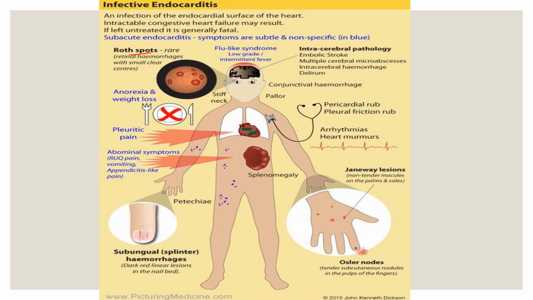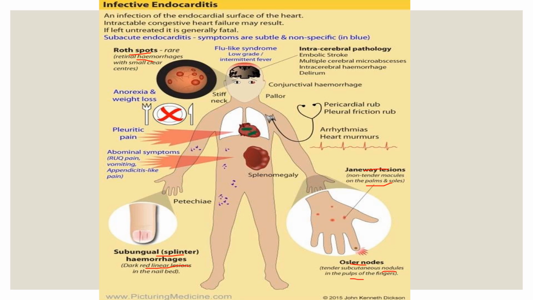Roth spot is a retinal hemorrhage with small clear centers. Splinter hemorrhages are subungual, under the nail bed, dark red linear lesions in the nail bed. Janeway lesions are non-tender macules on the palms and soles. Osler nodes are painful nodules in the pulp of the finger.